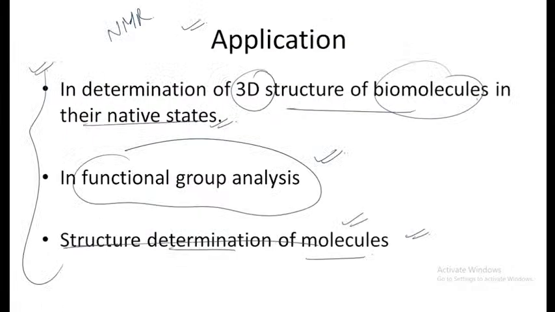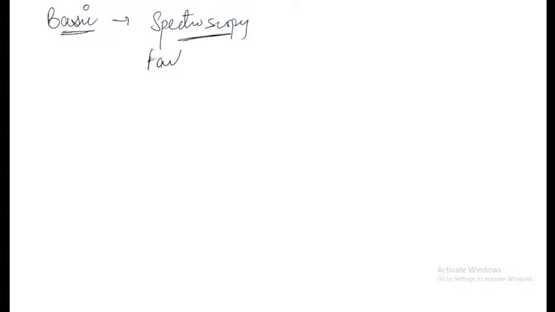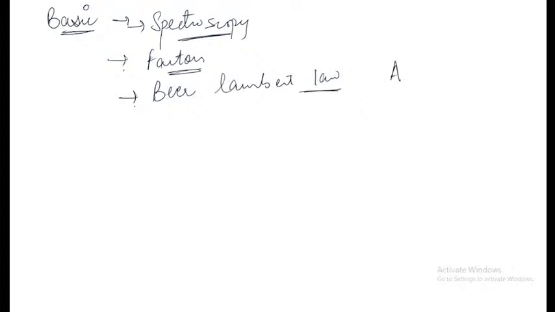So what all have we discussed? First, yesterday we discussed what spectroscopy is all about. Then we discussed the factors on which spectroscopy depends. Third, we discussed the Lambert law, that is how we understand absorbance, which is A equals ECL.